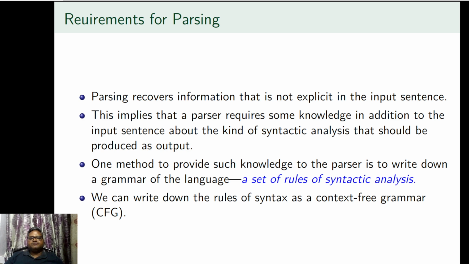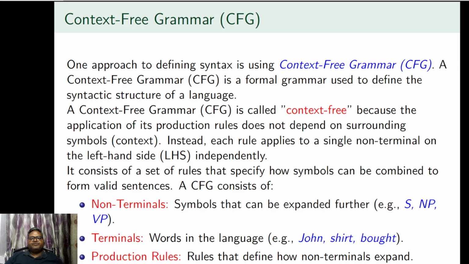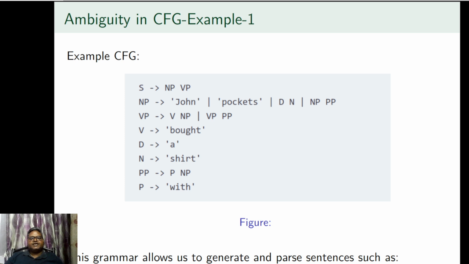There is a manual or a standard with which a given sentence is compared. So every context-free grammar, as I already told you, is formed with 4 things: non-terminals, which can be expanded further, terminals, which are the endpoints, words in the language, production rules, or the rules for how we can expand the non-terminals, and the sentence symbol, the starting symbol.